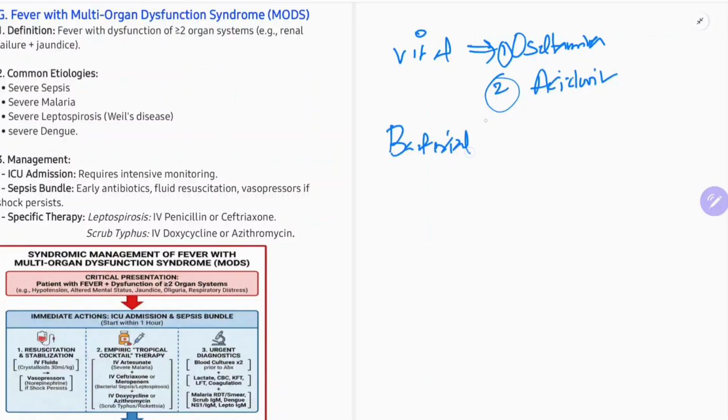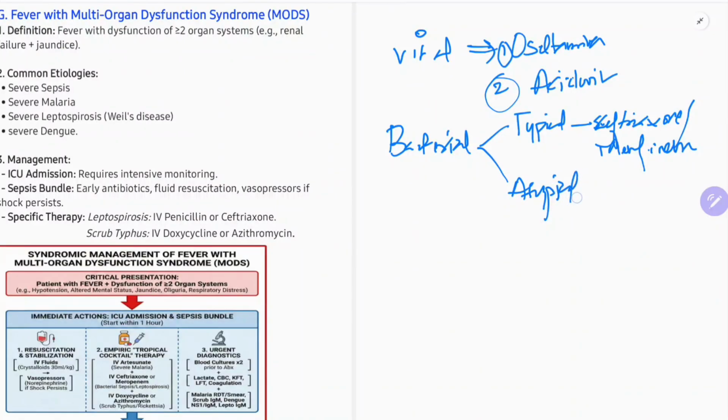For typical bacteria, ceftriaxone or meropenem you can give. For atypical, doxycycline should be given, and for tubercular, ATT should be given.